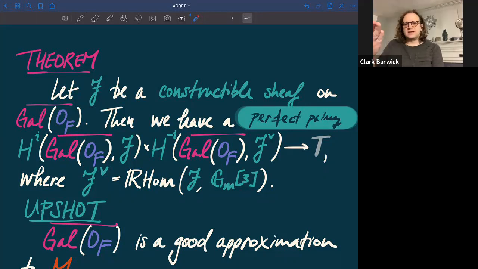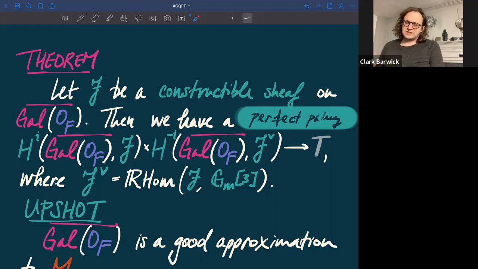Which in the case of Z, I mean, you can kind of see that just by hand. In more general cases, I should emphasize that I'm not avoiding the use of global duality in proving this. This isn't a new proof of global duality. I'm still using the old technology. I'm still using all of class field theory to write something like this down.